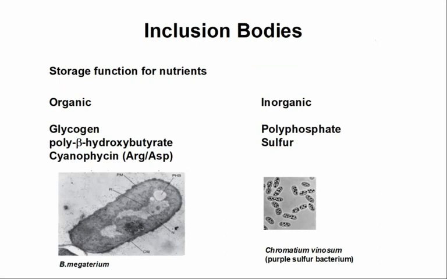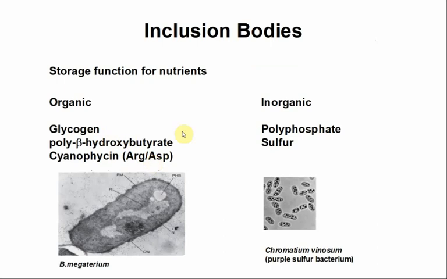In terms of organic inclusion bodies, they're constituted of polymers of glycogen, polyhydroxybutyrate, so these are going to be storage of carbon, right? Or cyanophycin, which is nice because there you've got a polymer of arginine and aspartate, so you can store nitrogen and carbon.